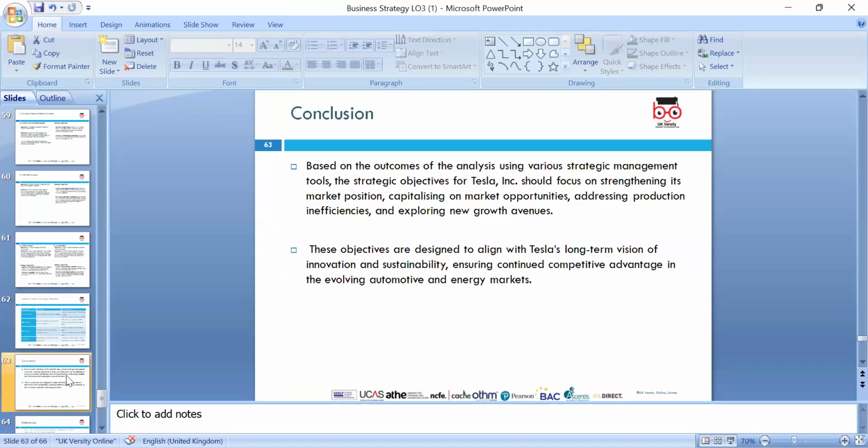Then, based on the outcome and analysis using the various strategic tools, the strategic objective is that Tesla Inc. should focus on the strength in its market position, capitalizing on market opportunity, addressing production inefficiency, and exploring growth. The objectives are designed in line with Tesla's long-term vision of innovation and sustainability, ensuring continuous competitive advantage in the evolving automotive and energy market.